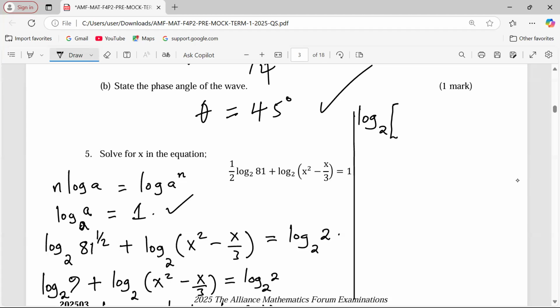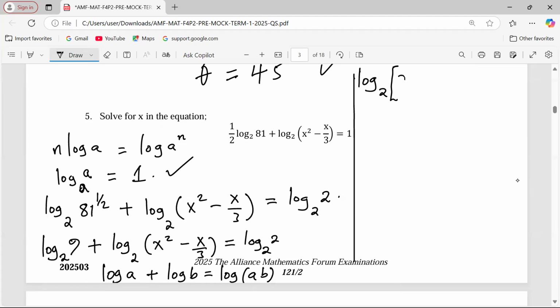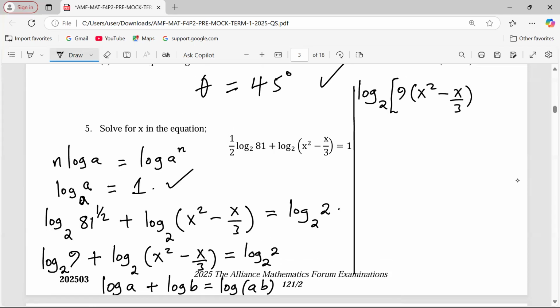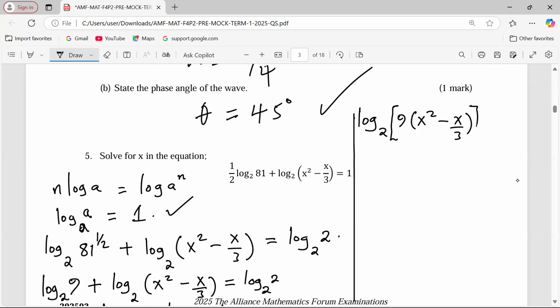Then we will have a multiplication of 9 and x squared minus x over 3. And this can be equated to the log of 2 to the base of 2.